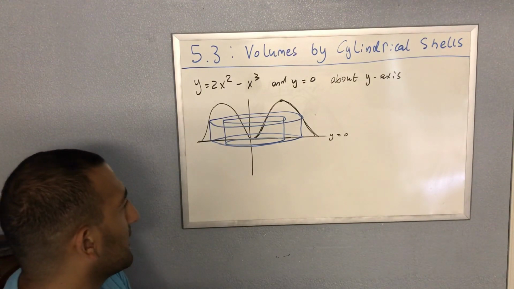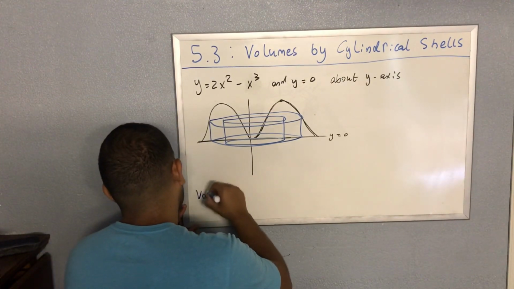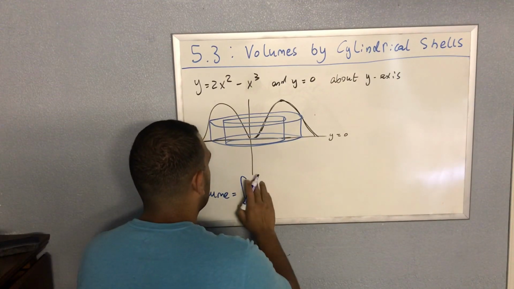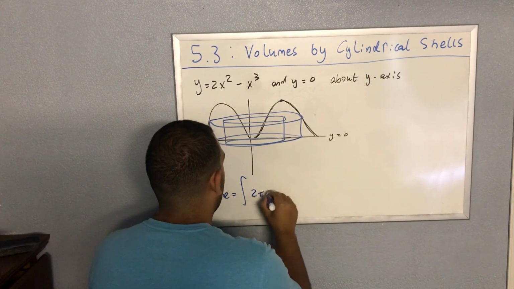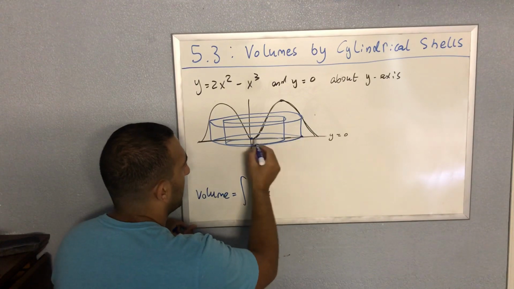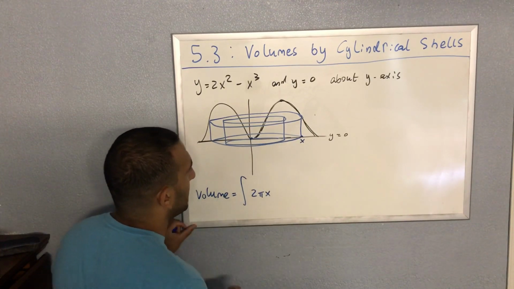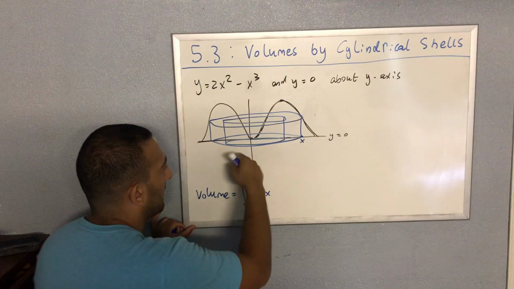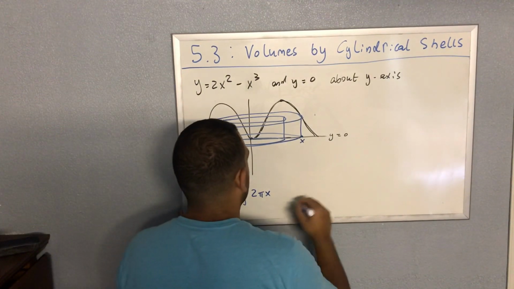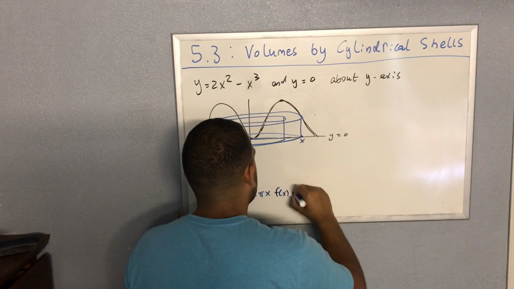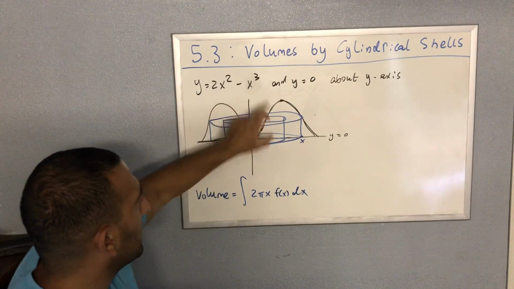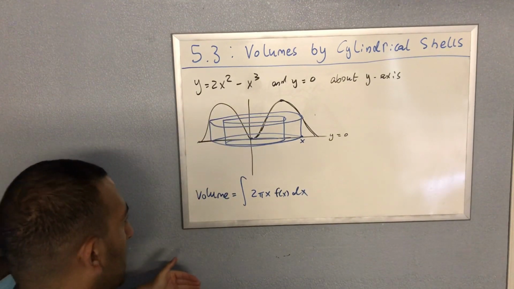All we really need, because we know that the volume of our solid is going to be the integral from something to something of 2 pi x, because remember we determined that the radius from here to here is just at some point x. The radius is x, so the circumference is 2 pi x. And then you multiply this by f of x dx. And we have a formula for f of x. It's this guy here. So we don't have to do much work really.